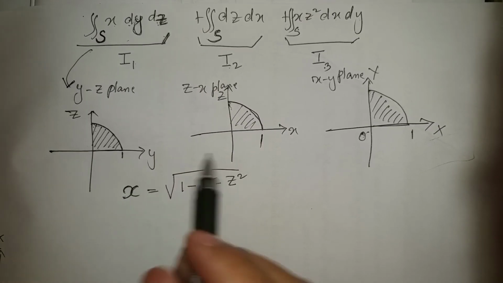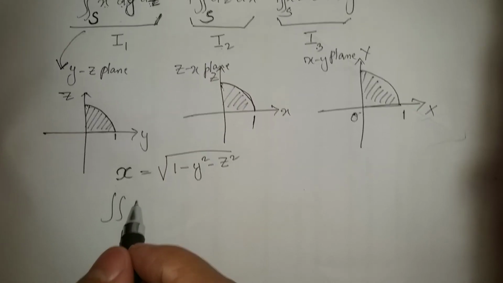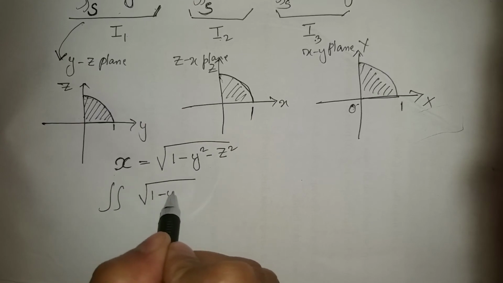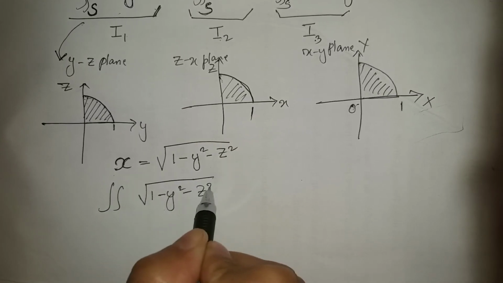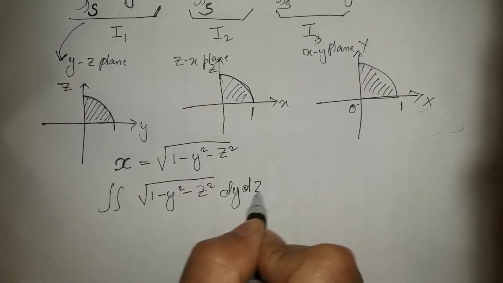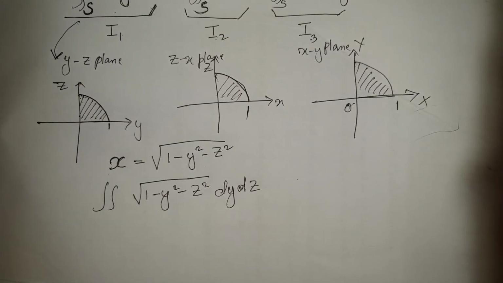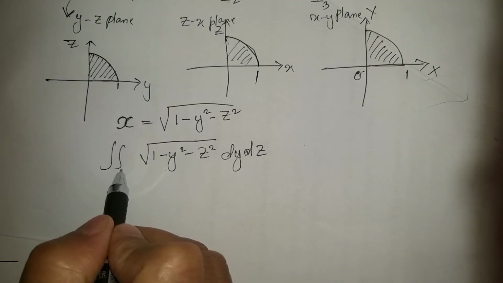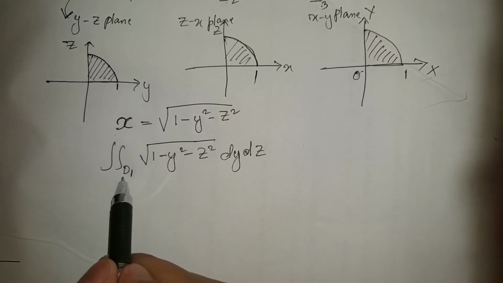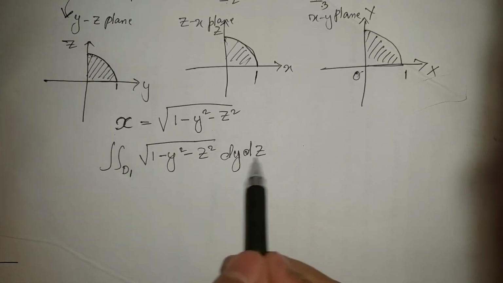So this is my equation. x should be in terms of y and z, then dy dz. And the portion for integration, let's write it D1. This D1 is the domain in the yz plane.